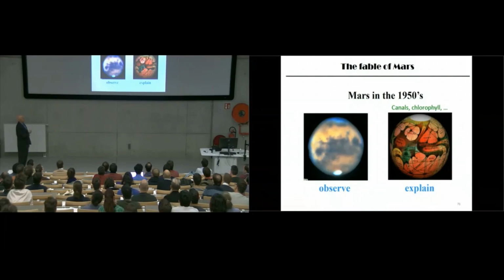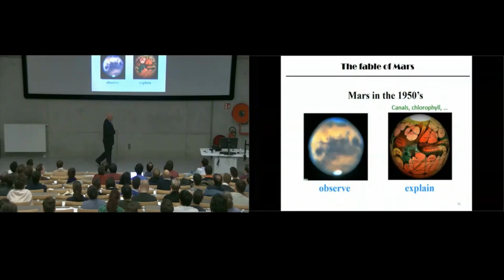Observe, explain. And the explanations were completely wild. I think about them now, and wow, how could these people do this? There were canals. At some point there were Martians. One of the first scientific papers that I remember fishing out as a child, because it came in the newspaper and I became excited and looked at it.